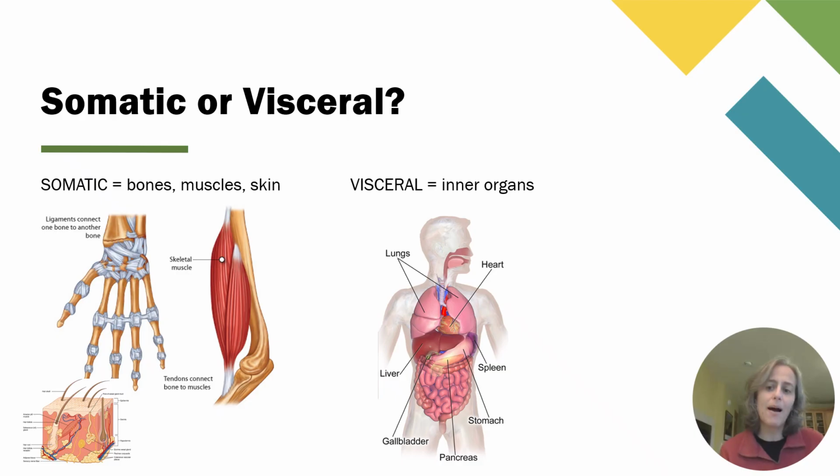So we learned about the sensory and motor systems for those parts of our bodies. Turns out when it comes to the squishy bits inside, our inner organs, those are our viscera. Viscera is kind of a fancy word for guts. That's a different nervous system that is supplying the visceral areas of our body.